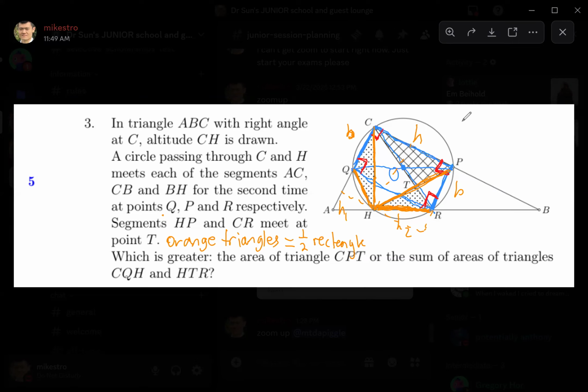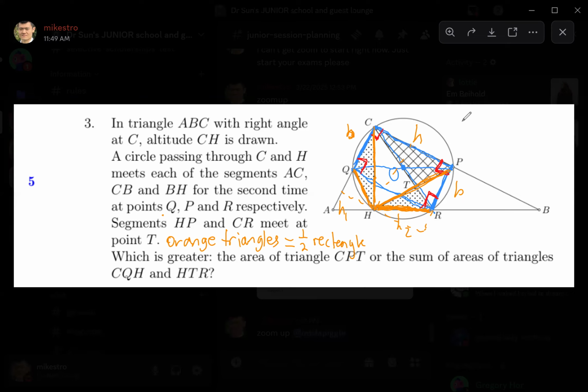Because you're trying to compare these areas with the checkered triangle, you might want to relate the area of that triangle to the rectangle. That's natural because the rectangle is what you know, and you already related the orange ones to the rectangle. Maybe I'll give you a little bit of a hint.